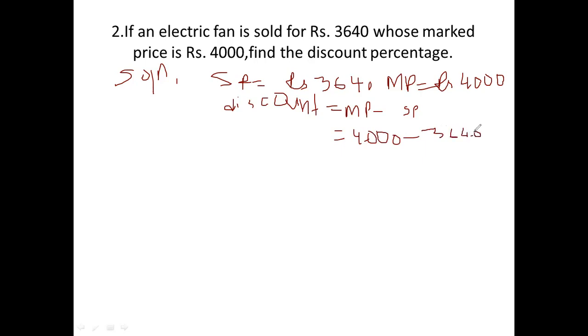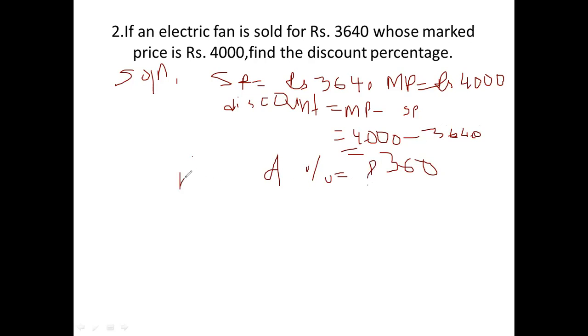If you subtract this, what will you get? 0, 0, okay? And 10 minus 4 is 6, and here is 9. 9 minus 6 is 3. 360. Now you know the discount, you can find out the discount percentage.